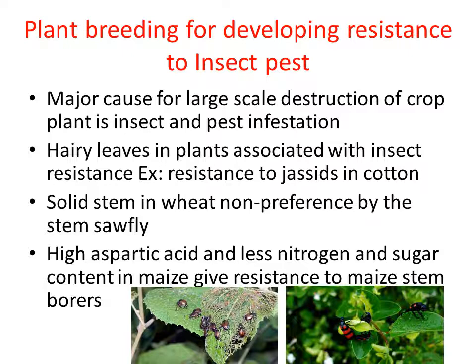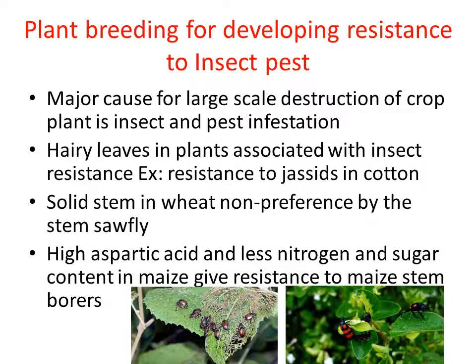It is possible to raise insect resistant plants by using conventional breeding method, or it can be raised by mutation breeding, right? Usually these two methods are used in order to raise insect resistant plants, right?